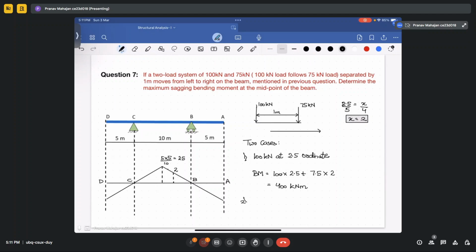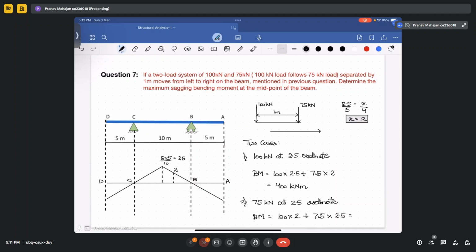Another case is when your 75 kilonewton is at 2.5 ordinate. So in this case, your bending moment will be equal to 100 into 2 plus 75 into 2.5.